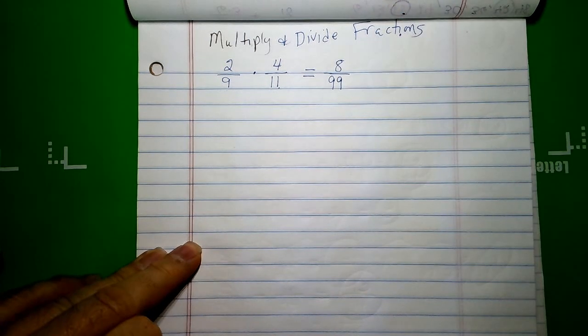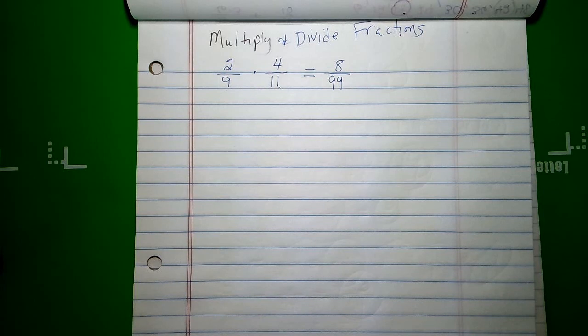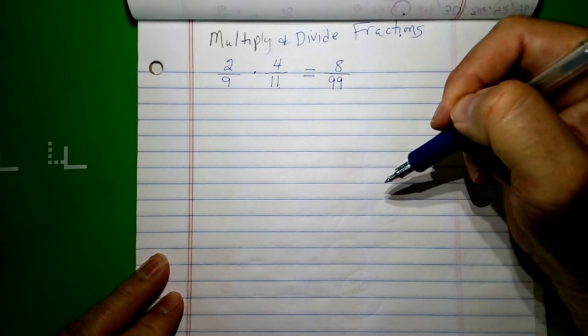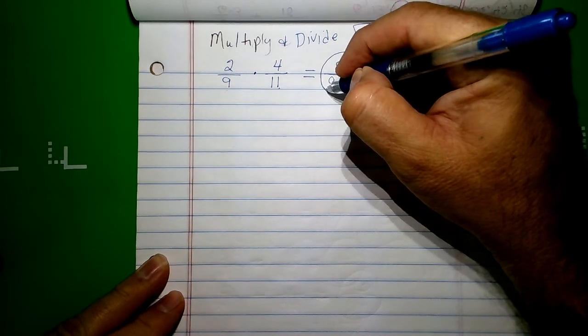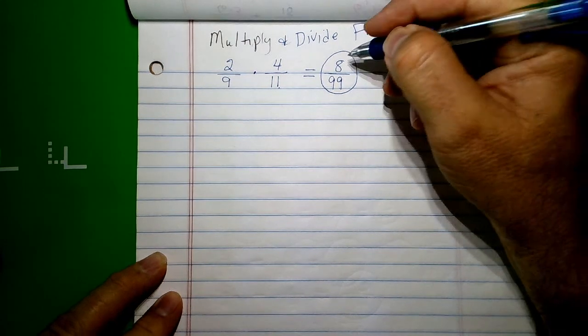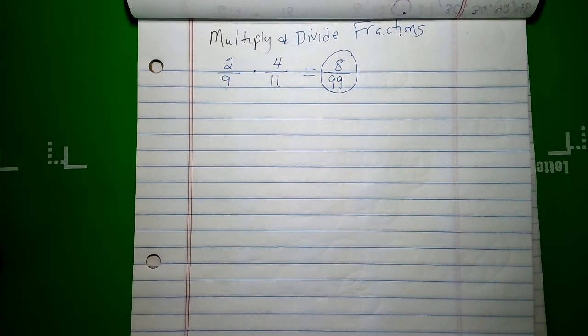Like always, we ask ourselves, can we reduce the fraction? And here we cannot. There's no number that divides into both 8 and 99 except for 1. So to multiply fractions, you multiply straight across.